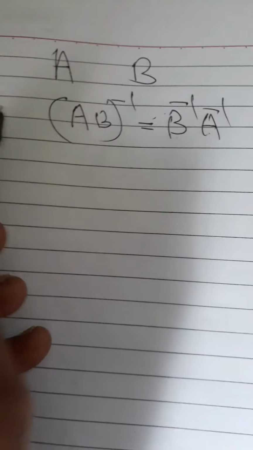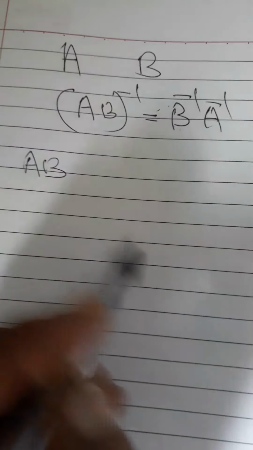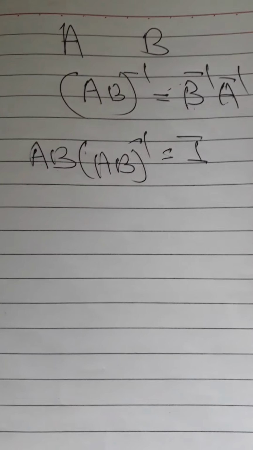Now let me consider by the definition AB matrix. It is also a matrix. The inverse of this matrix is (AB) inverse. AB into (AB) inverse will be equal to I. Then what you can do is you take A inverse from both the sides.